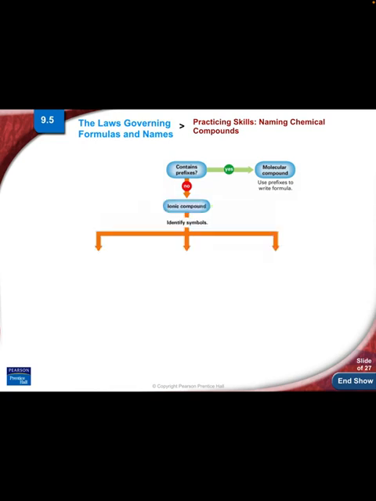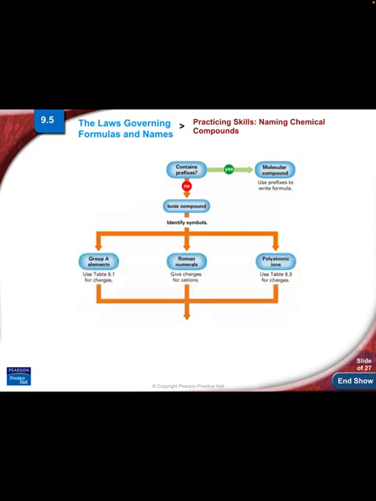You can also use a flow chart if you're visual and you want to think about how you're going to name chemical compounds. You can use a flow chart like this one here. Does it have prefixes? If it does, it's a molecular compound. If it doesn't, it's ionic.